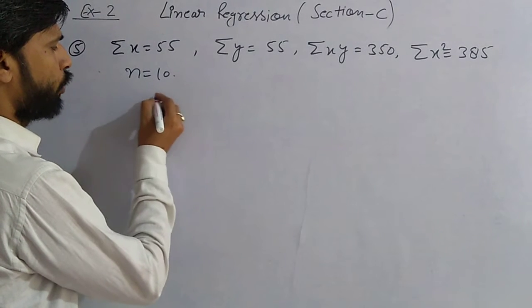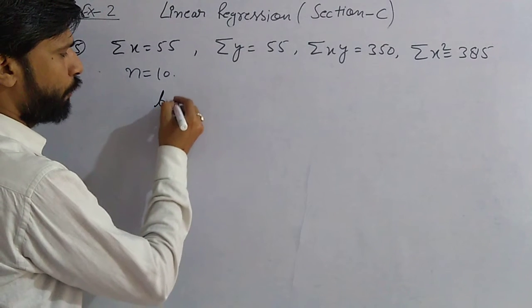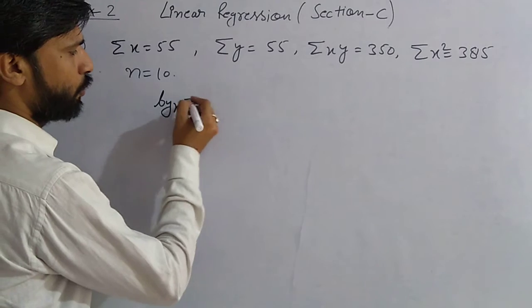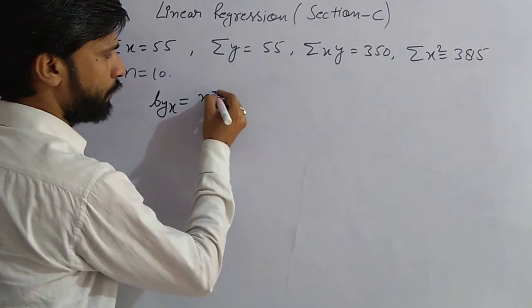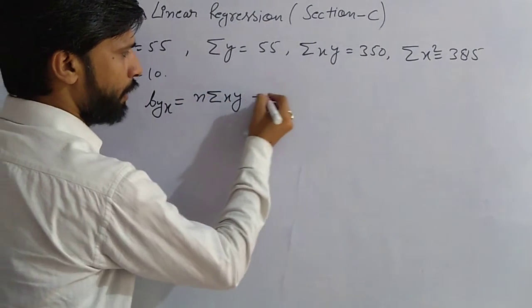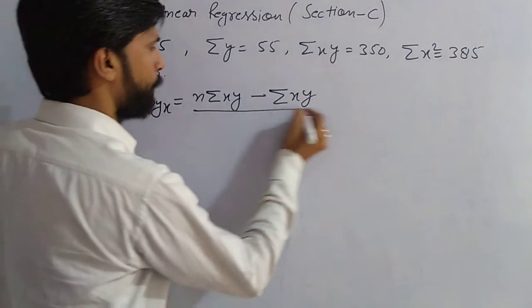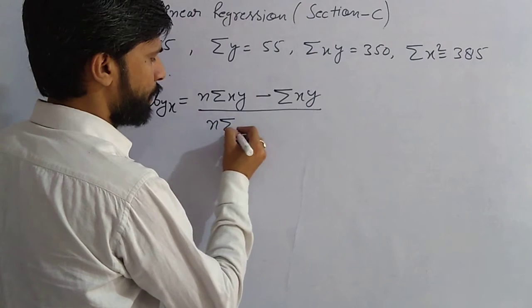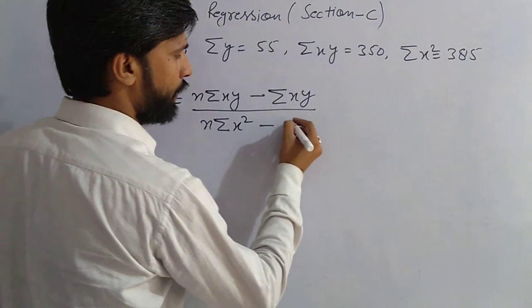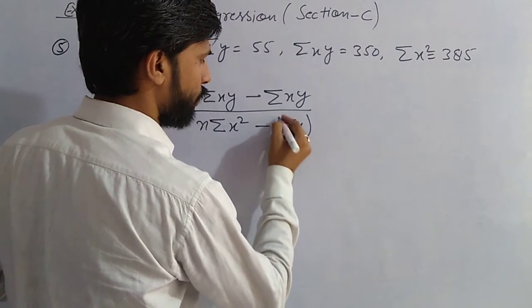Now by using the formula, the coefficient of regression Byx is equal to n times sigma xy minus sigma x sigma y upon n sigma x square minus sigma x whole square.